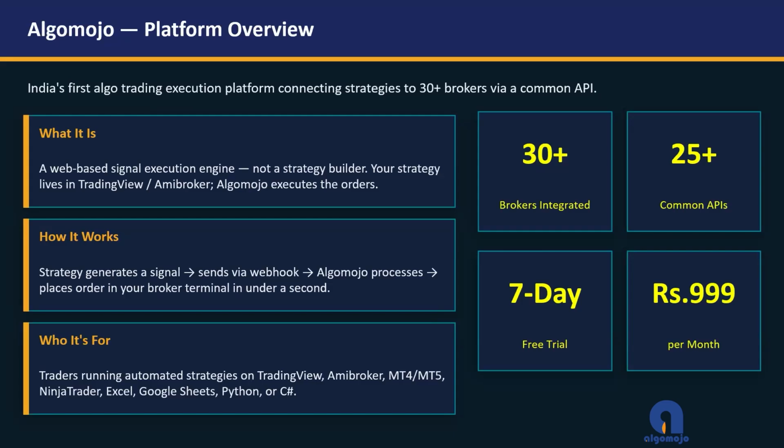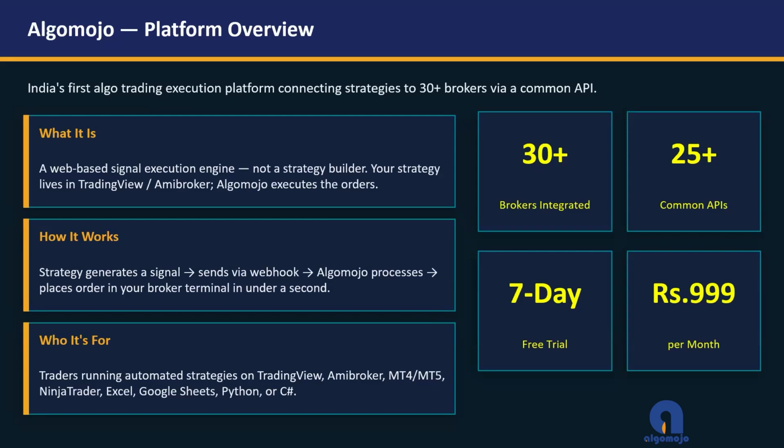Now, we have some key statistics. We have integrated close to 30 brokers. We have close to 25 common structure of APIs. All users get a 7 days trial period, and after that, you have a regular subscription, which on a monthly basis works out to 999 rupees, I would say.